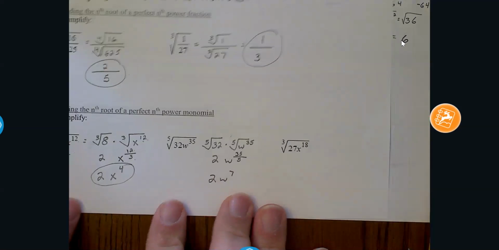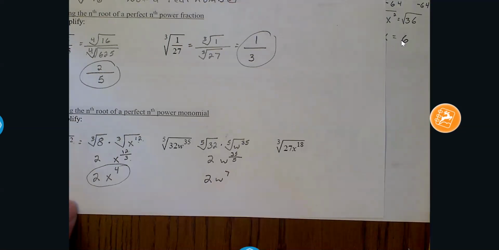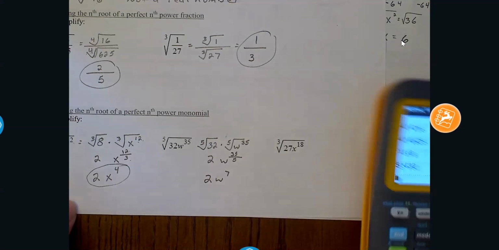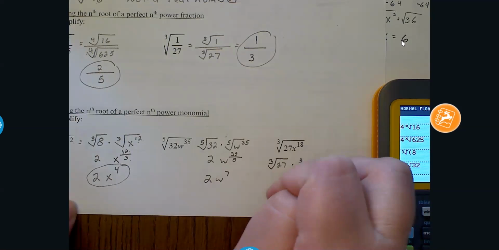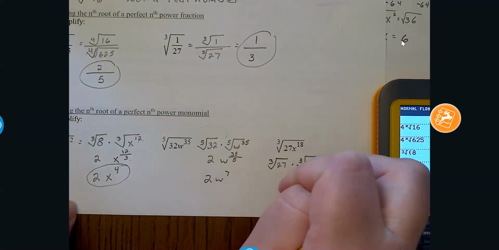Okay. Our last problem is we have the cube root of 27x to the 18th. So this is the cube root of 27 times the cube root of x to the 18th.